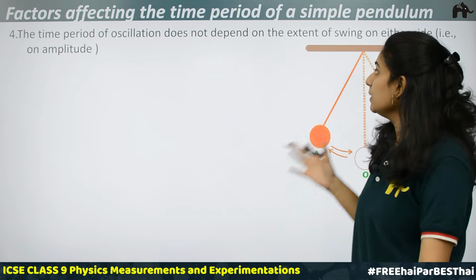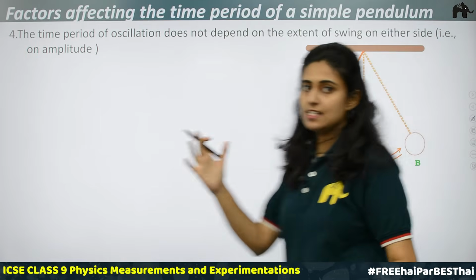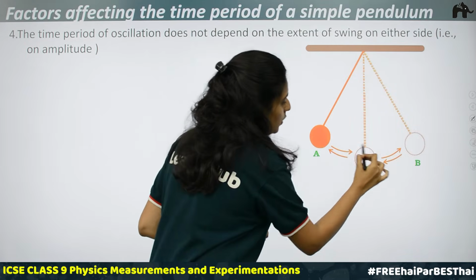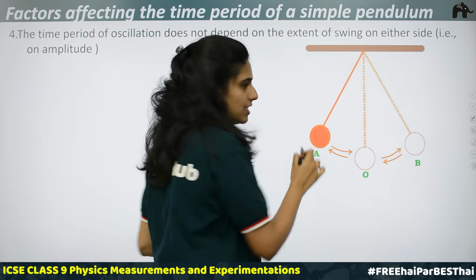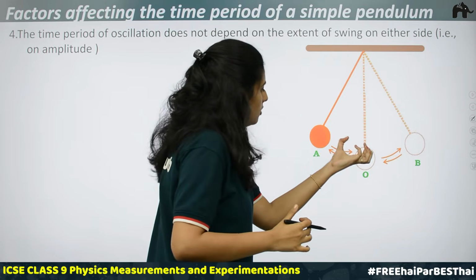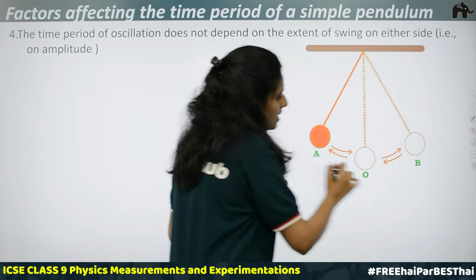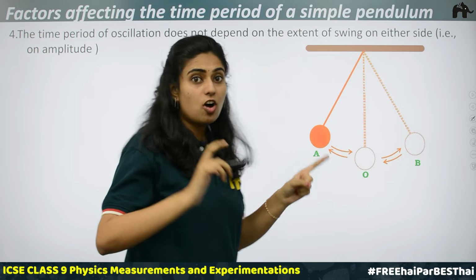Fourth one, the time period of oscillation does not depend on the extent of swing on either side. That is, when you displace this bob from its mean position, what is happening? It is taken to an extreme end. So, when I pull this, I will be taking it to one end. From there when released, it will be moving to the next extreme end. So, this is going to happen and we call this amplitude.